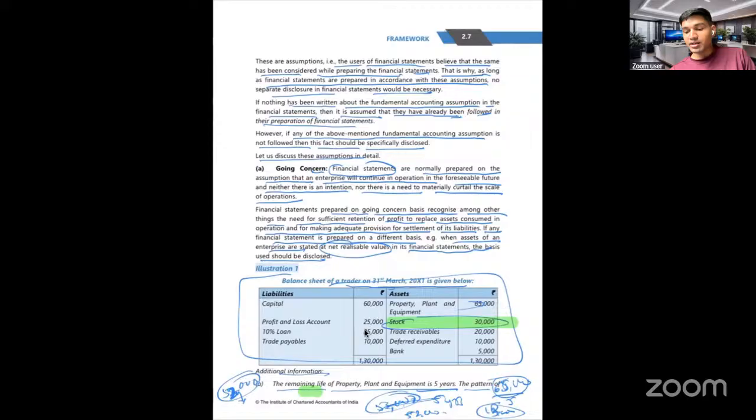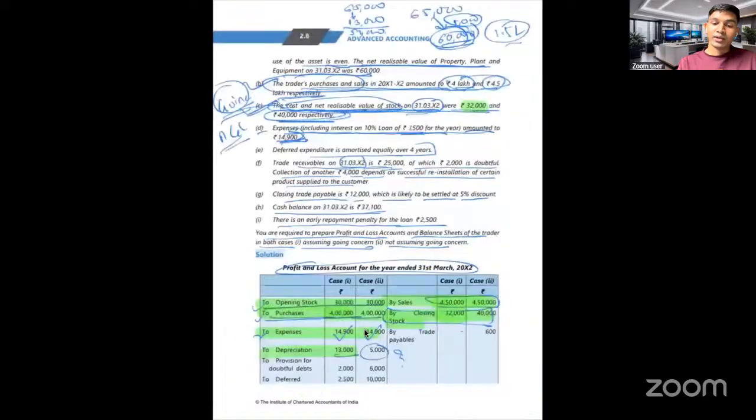We just depreciate it by 5,000 to keep it at net realizable value. That's why here we will consider 5,000 rupees. Okay, so it is different. This is the first case where the assumption impacts the P&L.